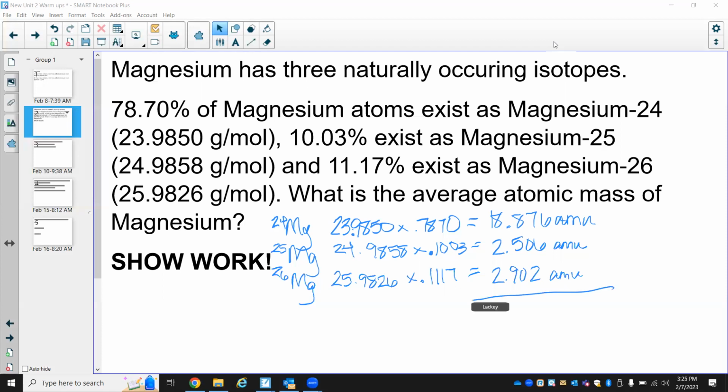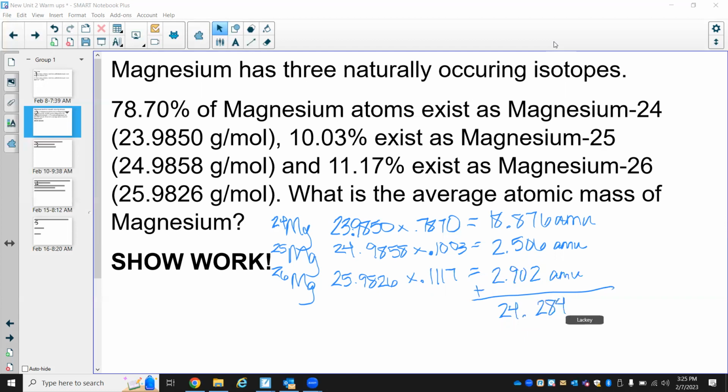Our last step is going to be to add those together. So 18.876 plus 2.506 plus 2.902. We get an average atomic mass of 24.284.